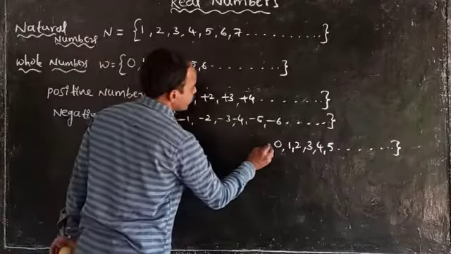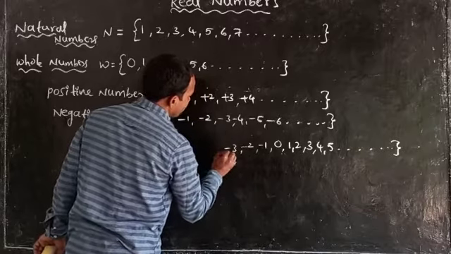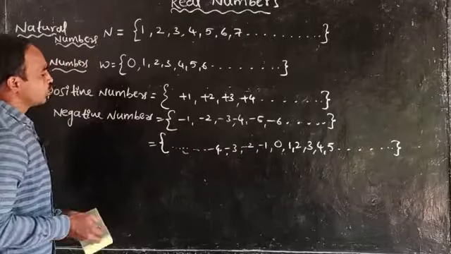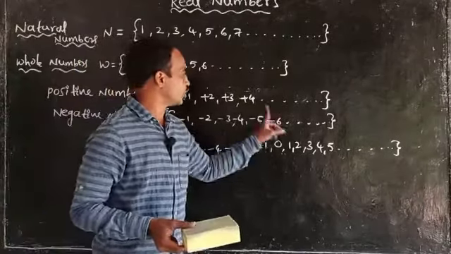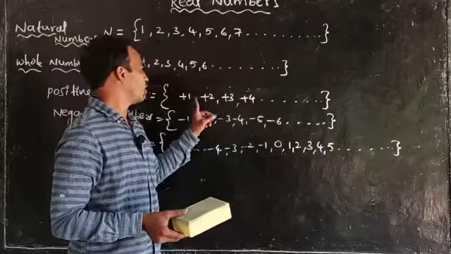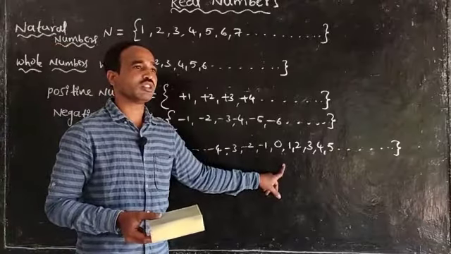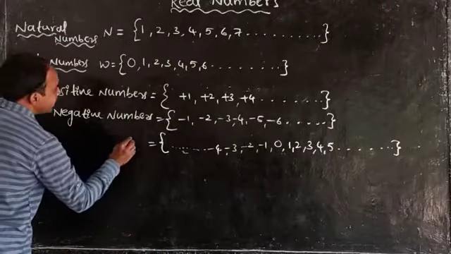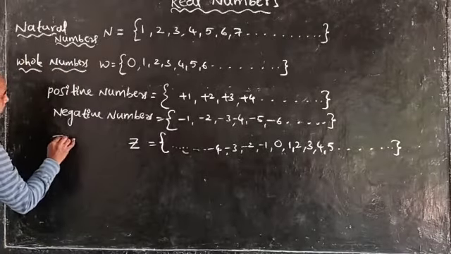On the left side of the 0 I am writing -1, -2, -3, -4 up to minus infinity. In this new set, all the positive numbers are there, all the negative numbers are there, and also 0 is there. This set of all these numbers we call the integers, denoted by Z.